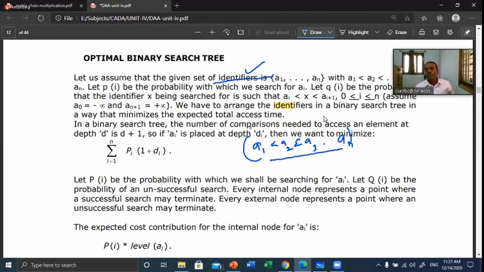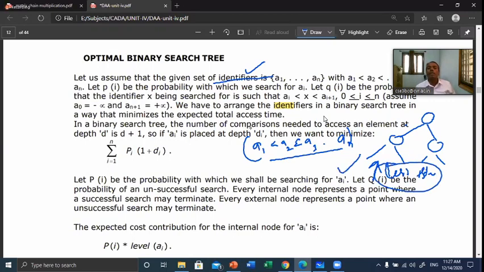Now I constructed one binary search tree. Let us take this is my binary search tree consisting of these elements. Now, what is the question here? Binary search trees we can construct in many ways. Many models are there. Among these models, which gives less time to identify or search the element, that is the best one.